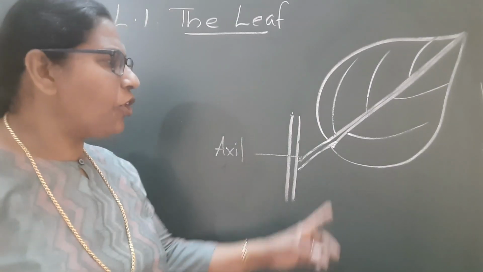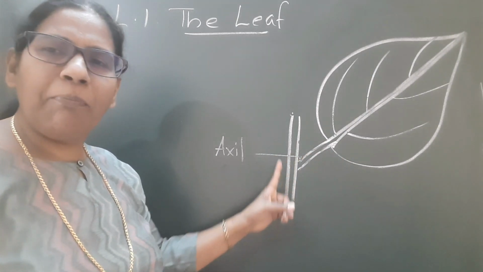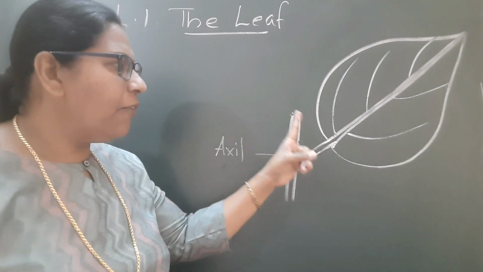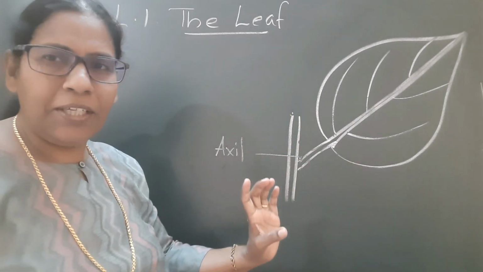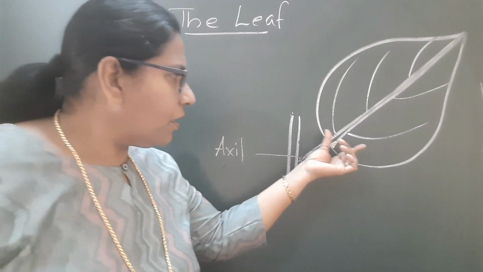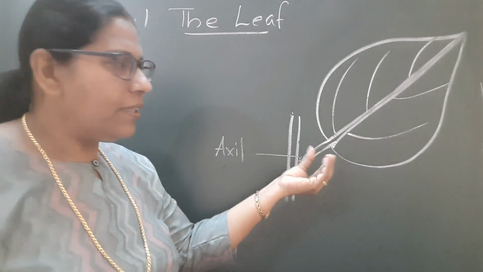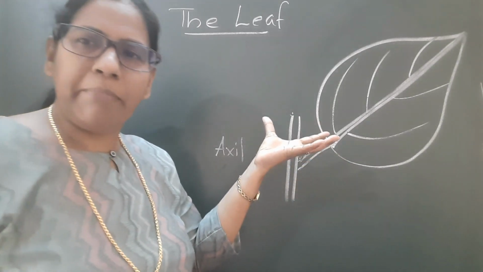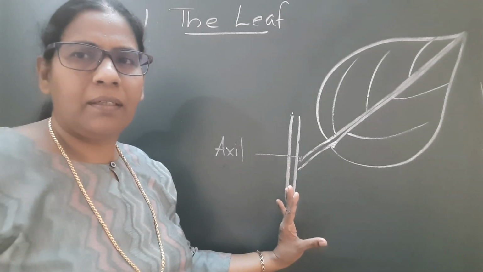Leaf does not grow continuously like the stem. The stem keeps growing continuously, whereas the leaf does not. Once it comes out and grows, it becomes mature. Till it becomes mature, it waits.